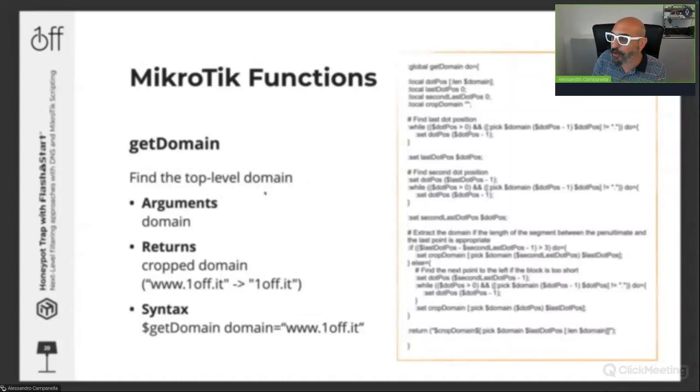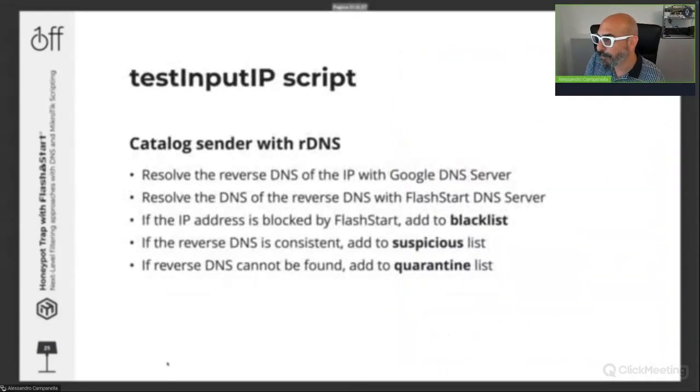Only the top level domain is going to be passed to the API of FlashStart. So the syntax is get domain equal to www.oneoff.it or whatever we pass, and the return is a crop domain, so oneoff.it. That's all. We can use this function inside the script.